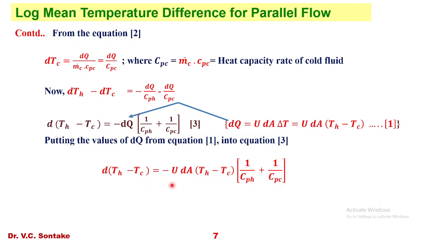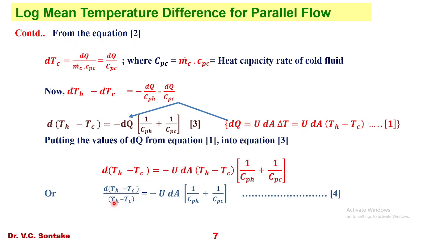Now rearrangement of this equation will give d of Th minus Tc over Th minus Tc is equal to minus U into dA into 1 over capital Cph plus 1 over Cpc. Let us say this is equation number 4.